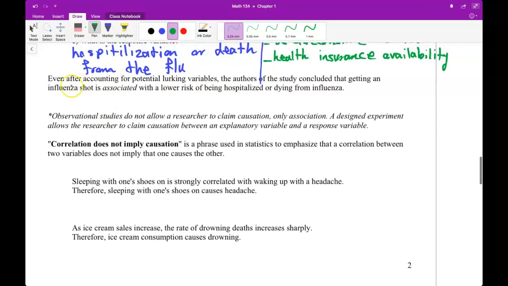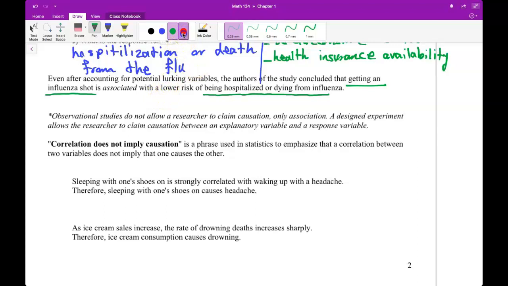Okay, what we have here: even after accounting for potential lurking variables, the authors of the study concluded that getting an influenza shot is associated with a lower risk of being hospitalized or dying from influenza. Getting an influenza shot is associated with this outcome.